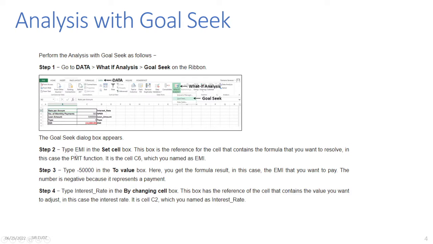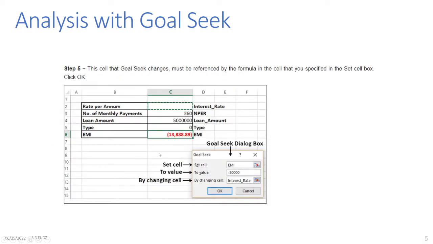Okay, so type EMI in the Set cell box. This box is the reference for the cell that contains the formula that you want to resolve, in this case, the PMT function. It is the cell C6 which you name as EMI. So Set cell EMI.